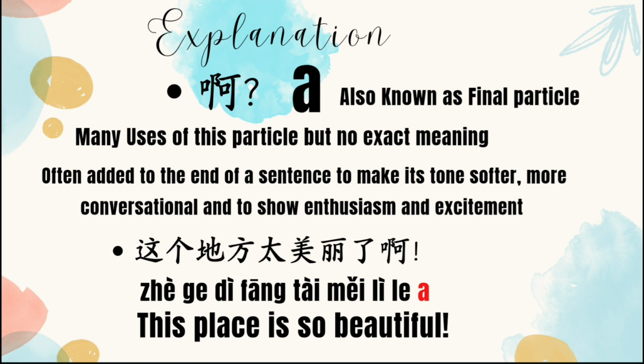So native Chinese use this particle a lot in their sentences, and it is often added to the end of a sentence to make the tone of the sentence stronger, make it more conversational, and to show enthusiasm and excitement of the speaker.